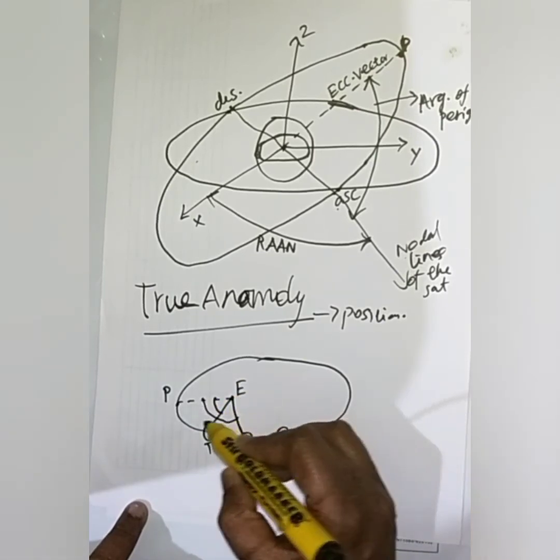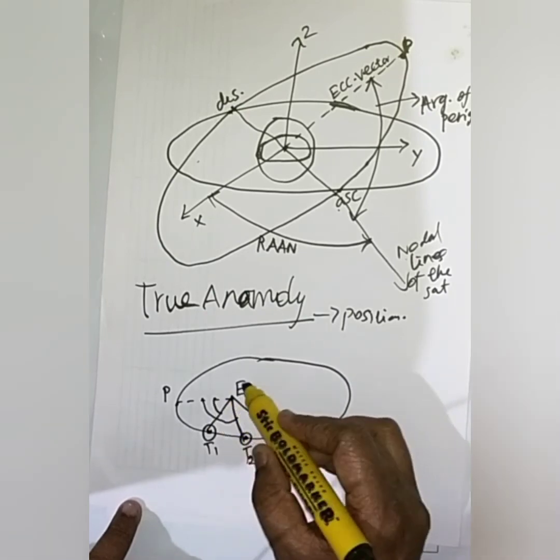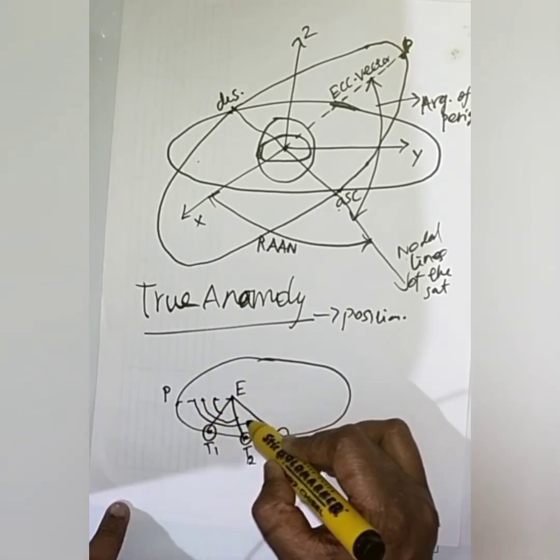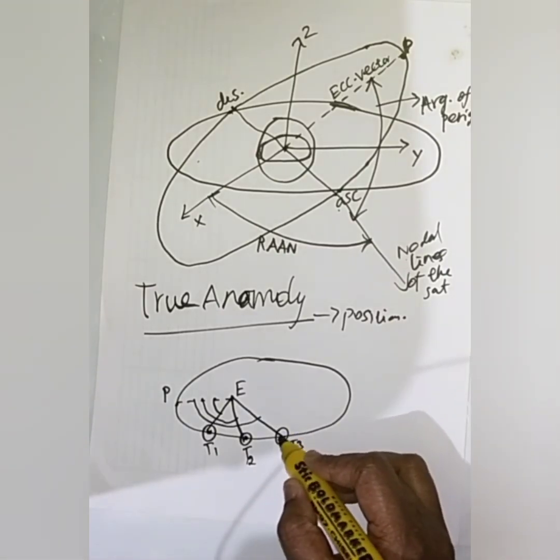At time t2 the angle varies like this, at time t3 the angle varies like this. This is called true anomaly. It tells us the position of the satellite in an orbit for varying time periods.